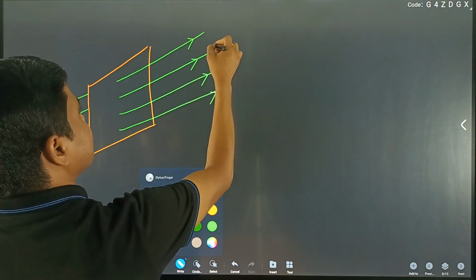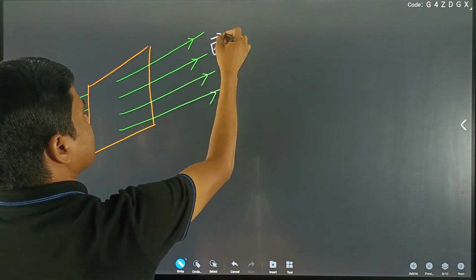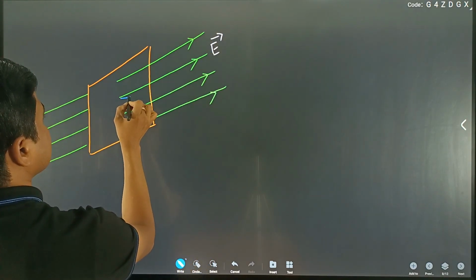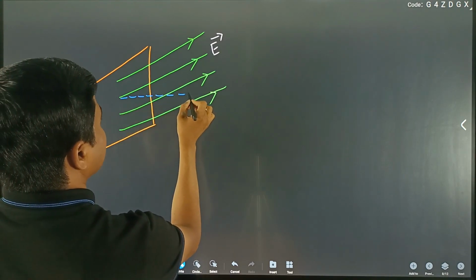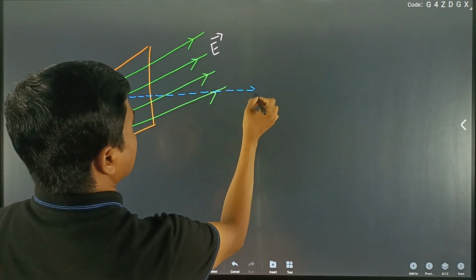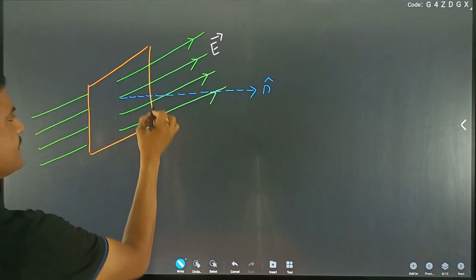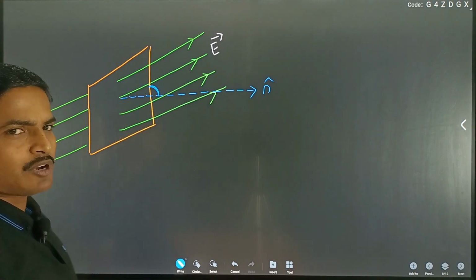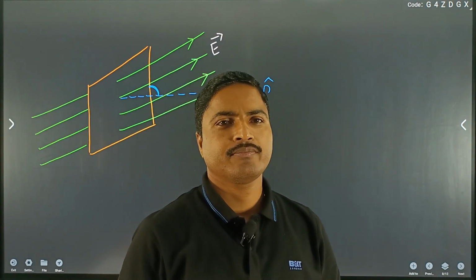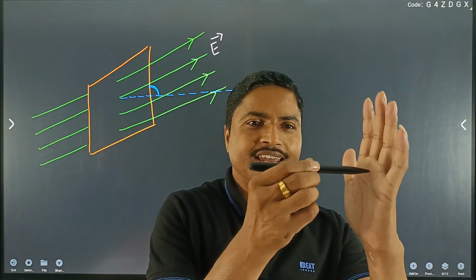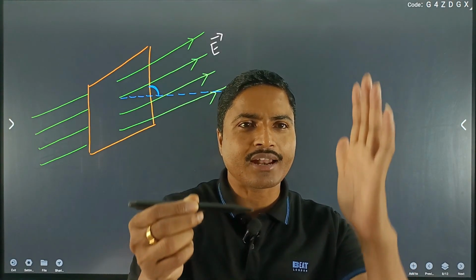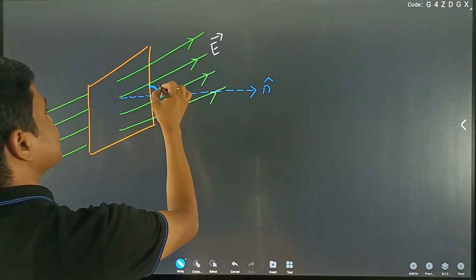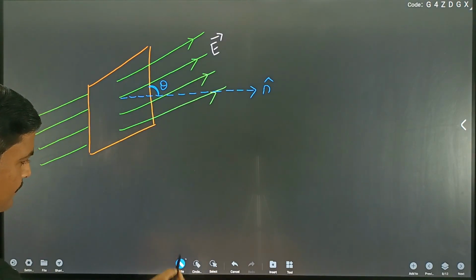This is the direction of the electric field, and this is the direction of the area vector. We write that as n cap, because the area vector is always perpendicular to the surface. Clear? And in this case, suppose this angle is equal to theta.